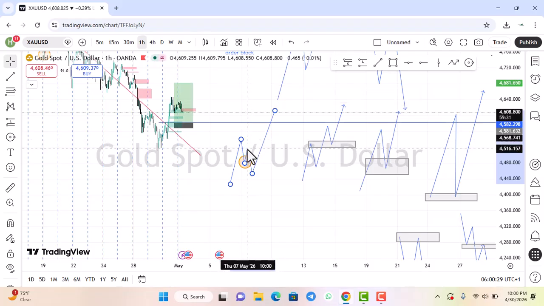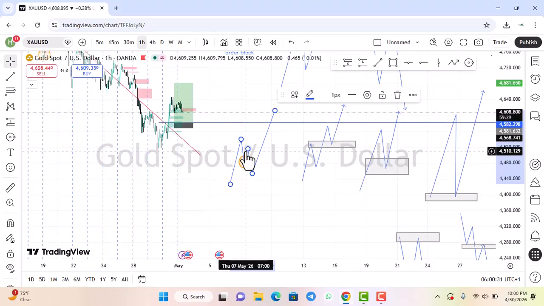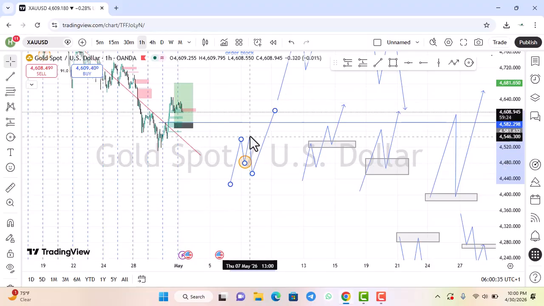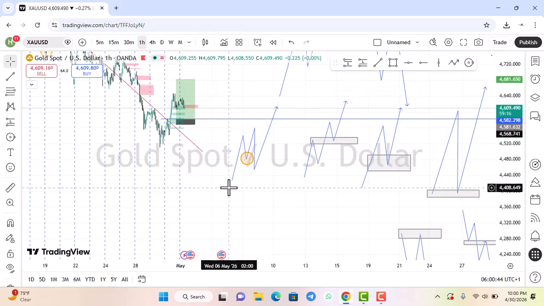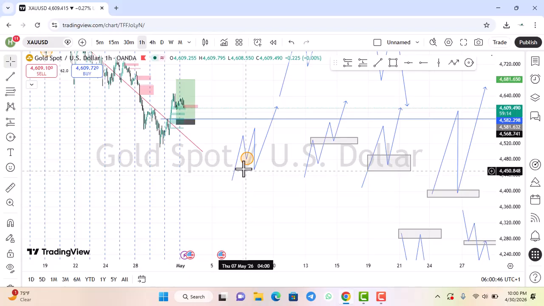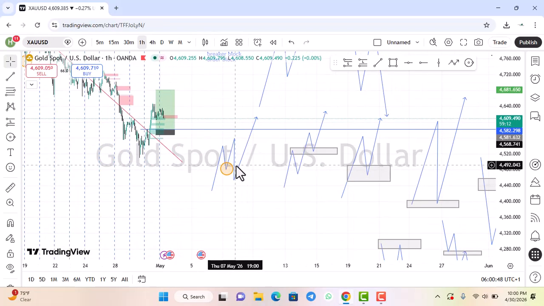It might stop somewhere around here before coming down to sweep the liquidity, or price might even go above this recent high, get to somewhere like this, before coming down to sweep the liquidity. So it depends on the price behavior, right?